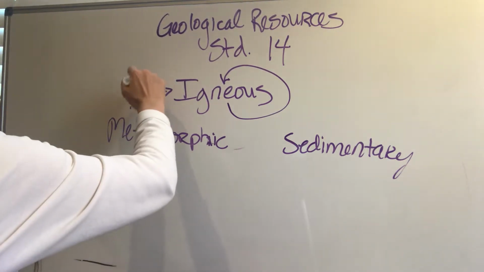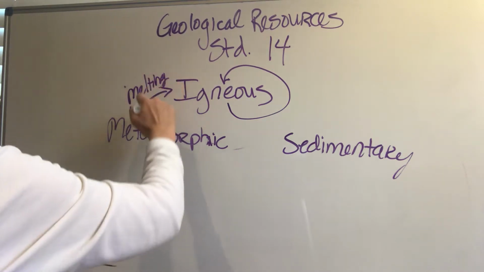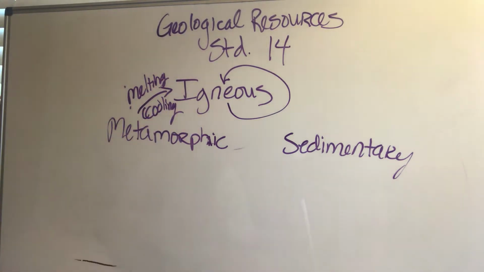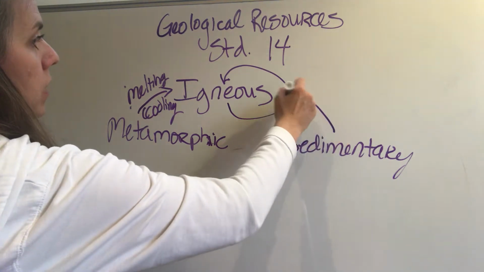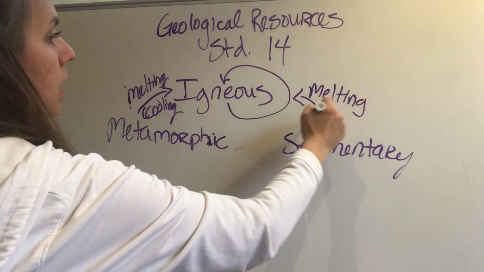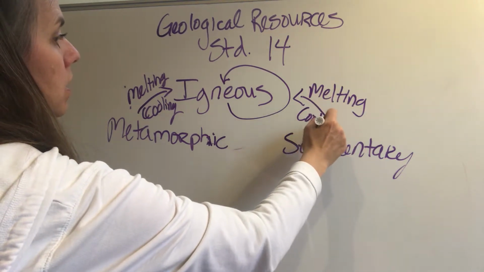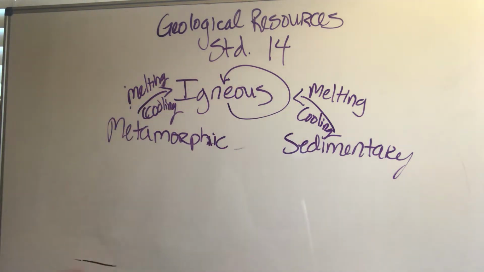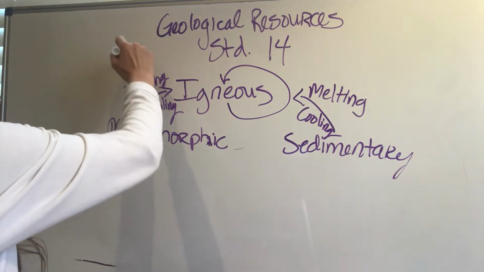So melting and cooling. And the same is true over here, melting and cooling. That's the process that makes an igneous rock, and that is basically volcanoes.